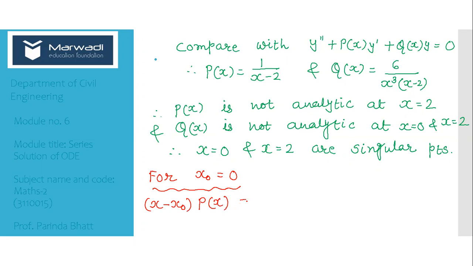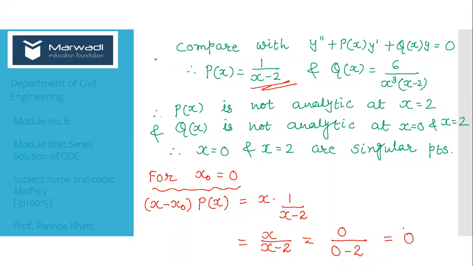Here our x0 is 0. What is the value of p of x? It is 1 upon x minus 2. Now, no term is cancelled out: x by x minus 2. Now we apply 0 over here. Therefore, 0 by 0 minus 2, the answer is 0 and this is finite. Clear, everyone? In place of x, apply the value of x0, and x0 is 0.